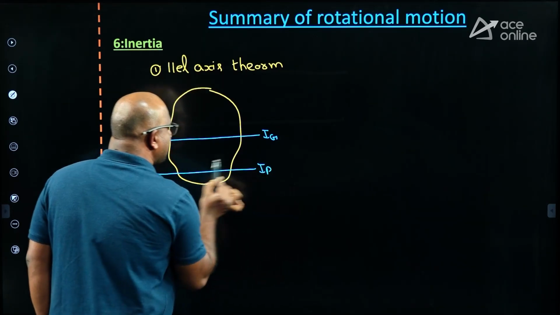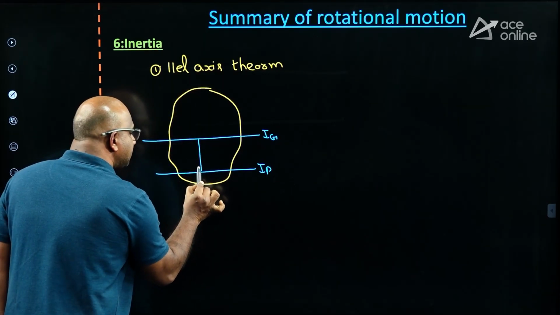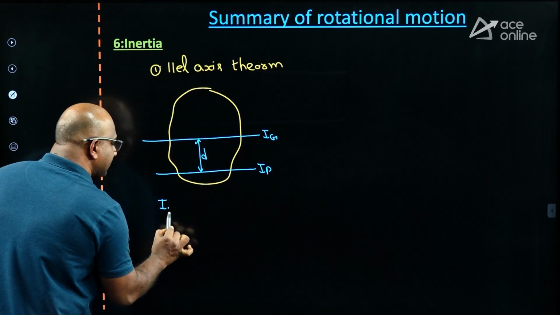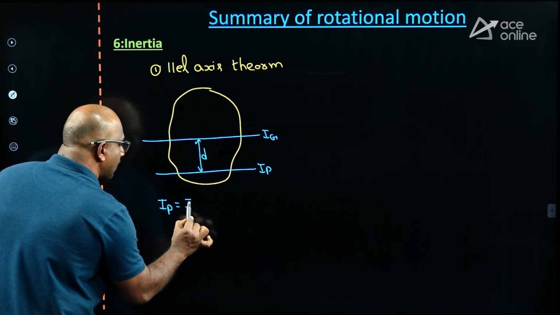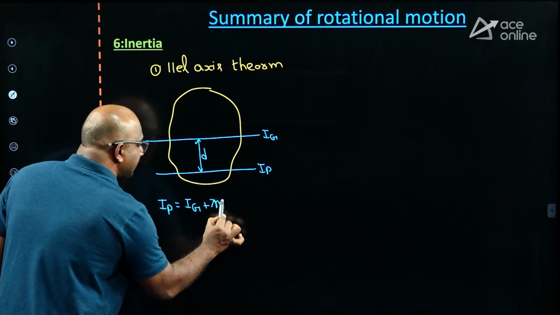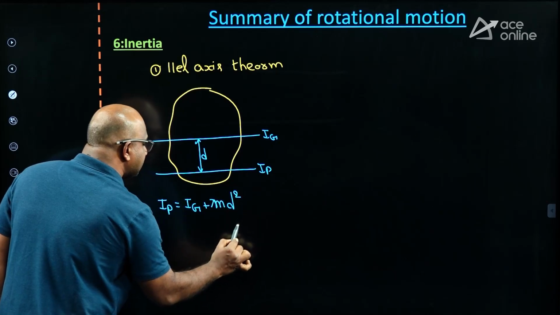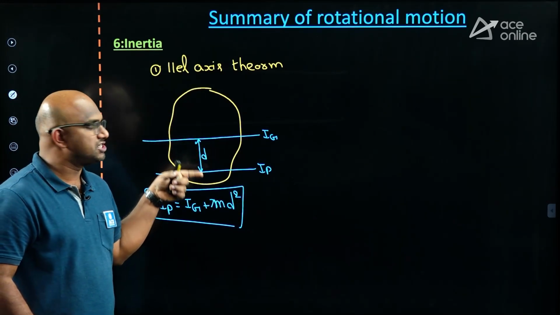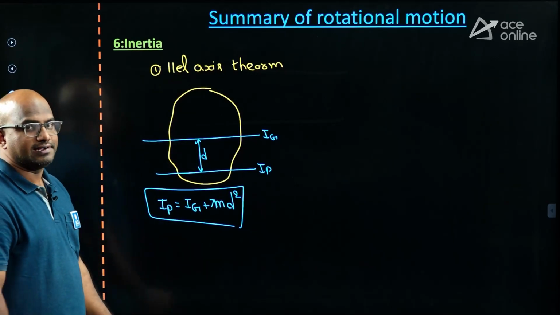This is the Ip, and the distance is assumed to be d, then parallel axis Ip equals Ig plus md square. d is the perpendicular distance between the two axes.